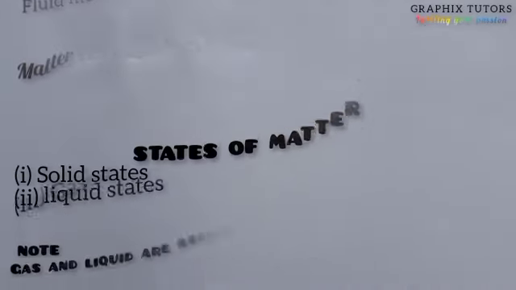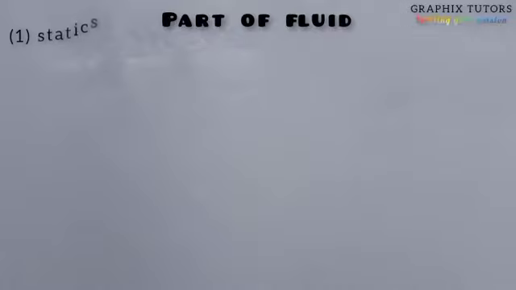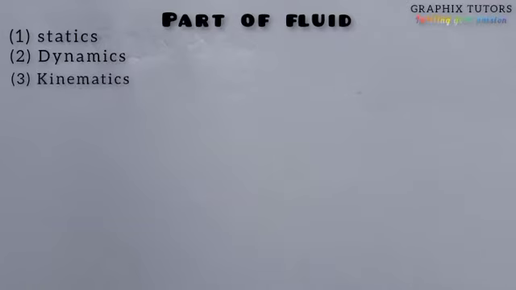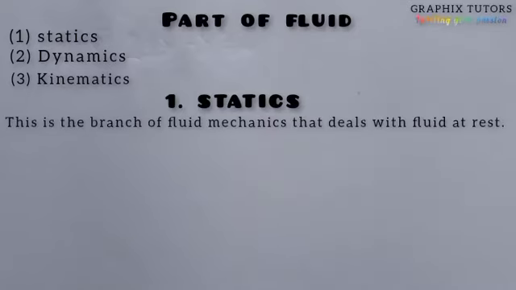So now fluid mechanics can be divided into three. We have the statics, we have the dynamics, and we have the kinematics. Now, the static is divided into two. When you say the word static, it means something that cannot move. So statics is the branch of fluid mechanics that deals with fluid at rest.